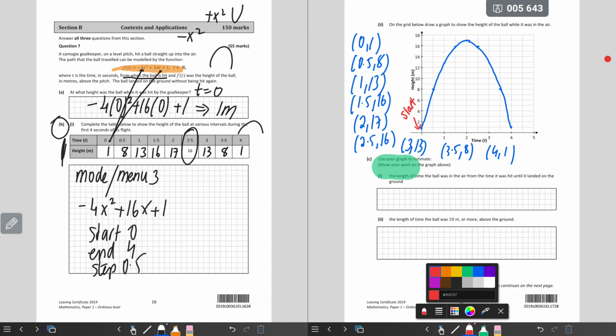The length of time the ball was in the air from the time it was hit until it landed on the ground. Now at the minute, has it landed on the ground? No. So how are we going to work out the time it took? From the graph, it still hasn't hit the ground here. What will I have to do with this? Like what height would it be when it hits the ground? 0.